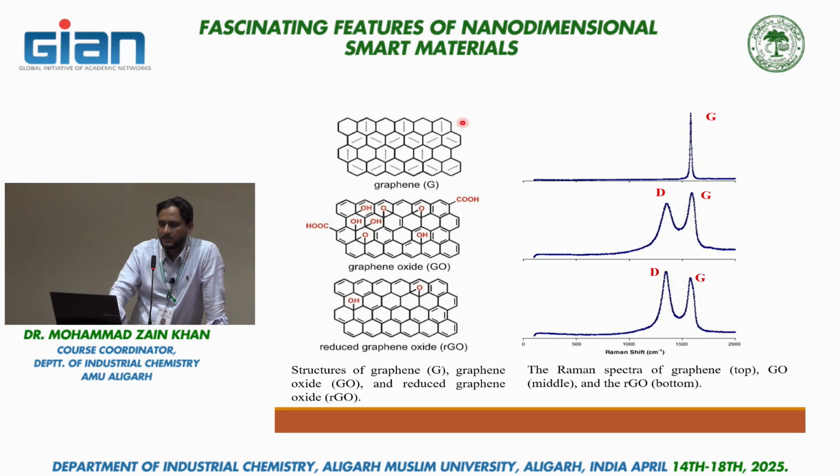These are the structures. This is graphene, no oxygen. When we exfoliate the graphite, we do not get graphene, but we get graphene oxide. If you do Raman spectroscopy, you can clearly observe and prove it: if you have graphene, you will get a sharp peak, only the G band, no D band.